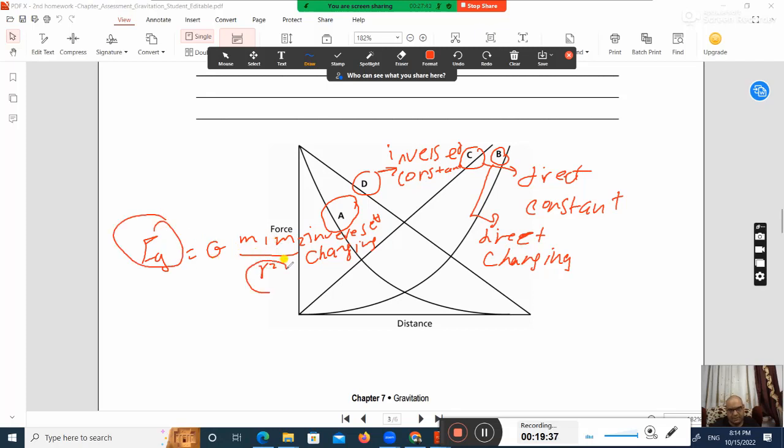Here's the relation between Fg and the square of r. First of all, it's an inverse relation, so we have to eliminate C and D. The relation is between Fg and r squared, not Fg and r, so it's a changing relation, not a constant relation. So we're going to choose A, slope number A.